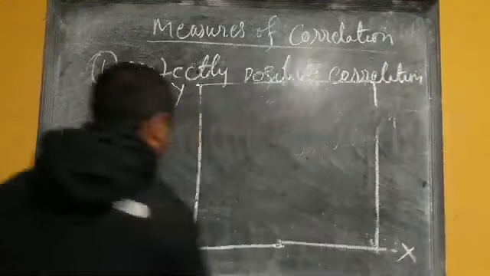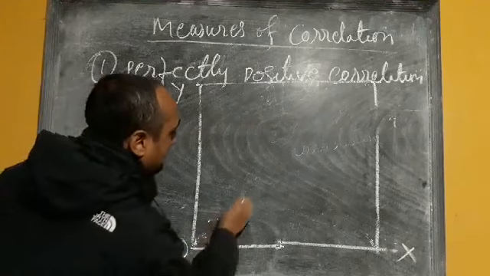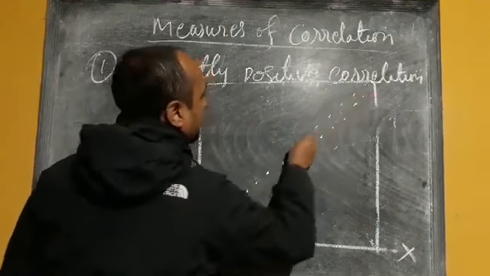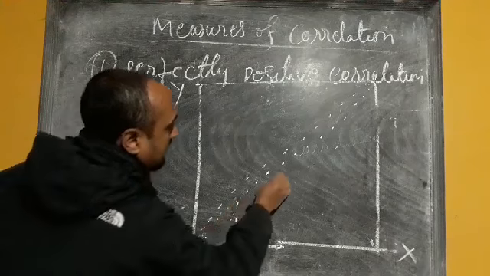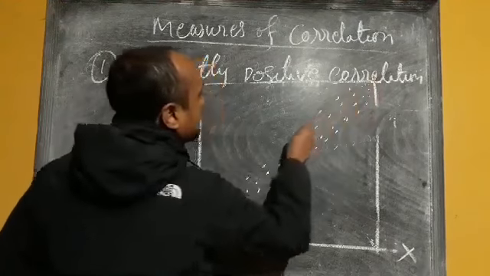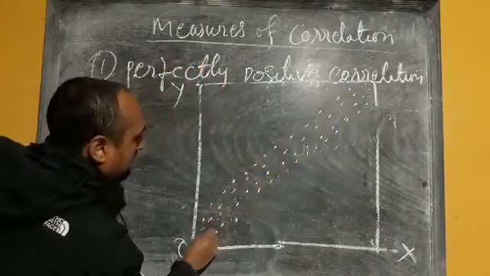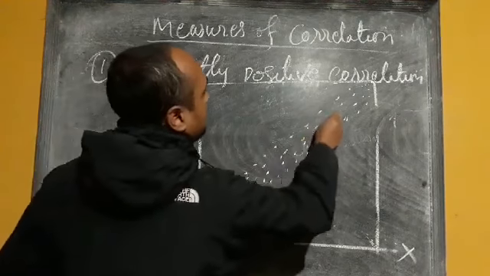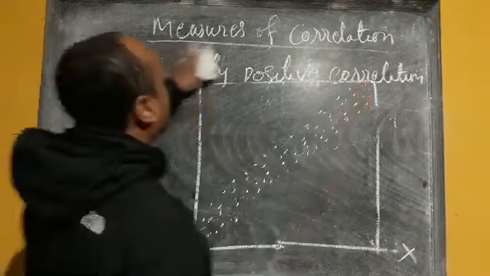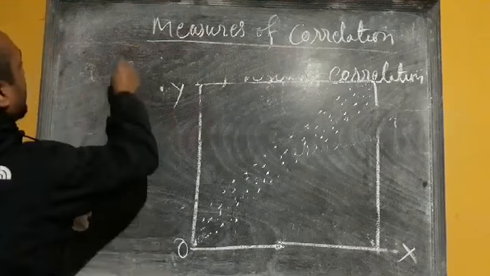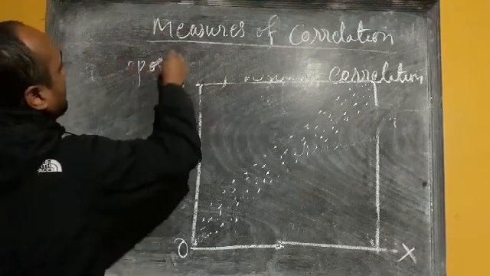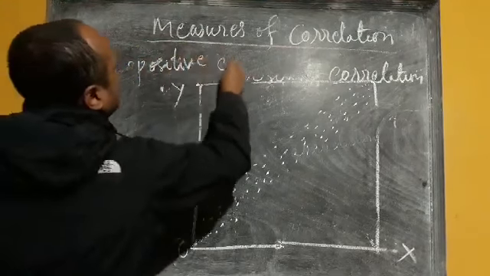So the plotted points will lie in this way. These are the different points. So this is the case of positive correlation.